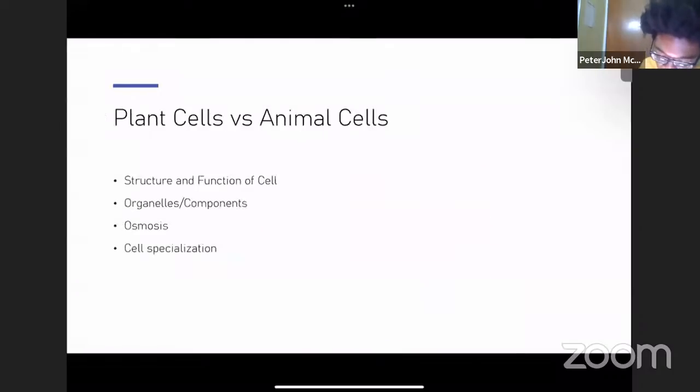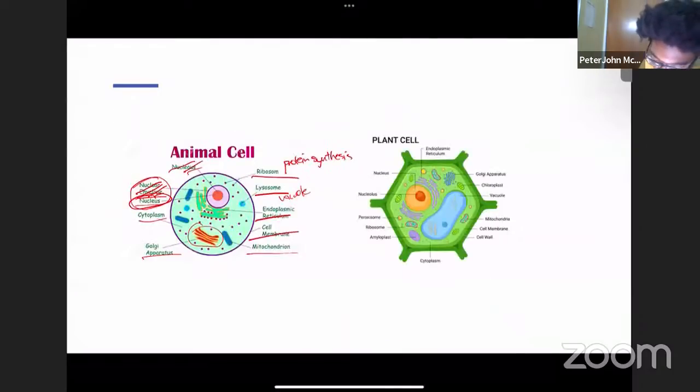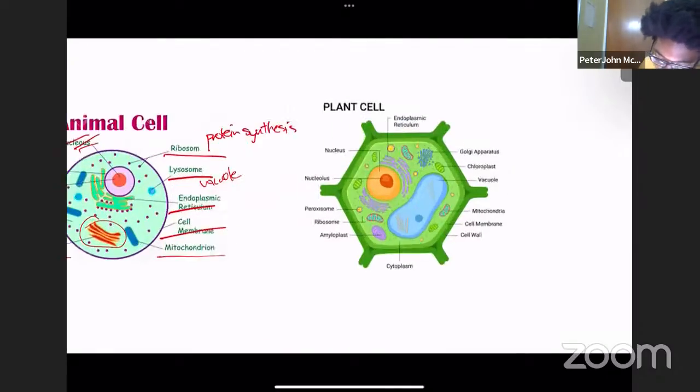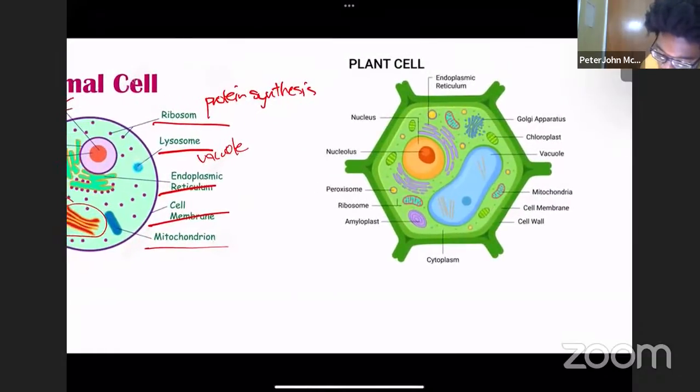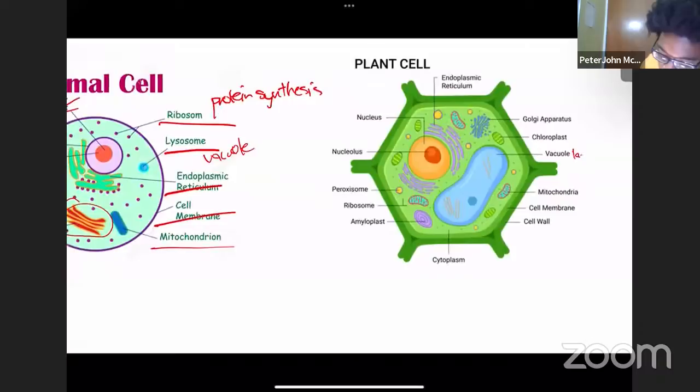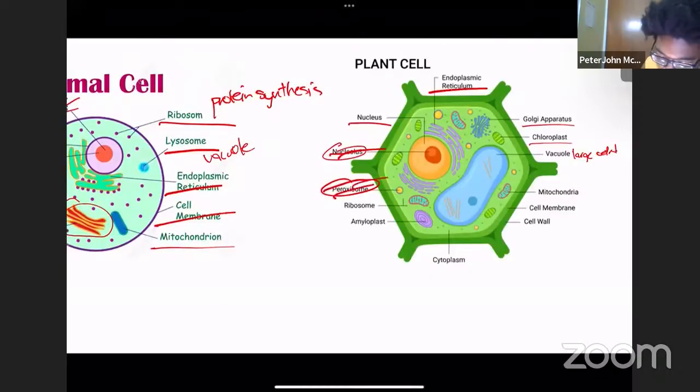All right. So plant cell, again, we have a vacuole. We have a large central vacuole. We have our chloroplast here. We have the Golgi, endoplasmic reticulum, the nucleus. Forget about this word. We have the ribosome.